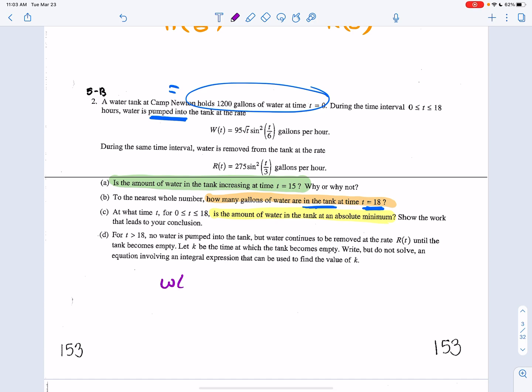Water being pumped in is W of t, so we're going to check W of 15. The rate of water being removed is R of t, so we plug in R of 15 and see which one is working harder. The only way the tank is going to increase is if W is greater than R at t equals 15. That's what we're going to figure out.